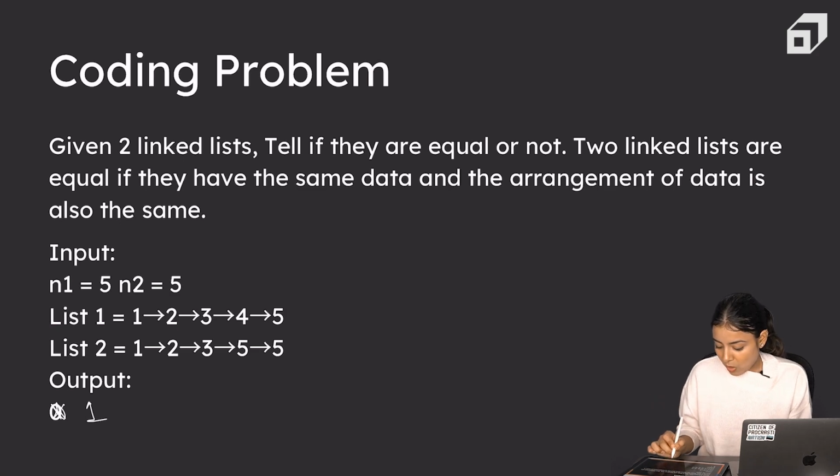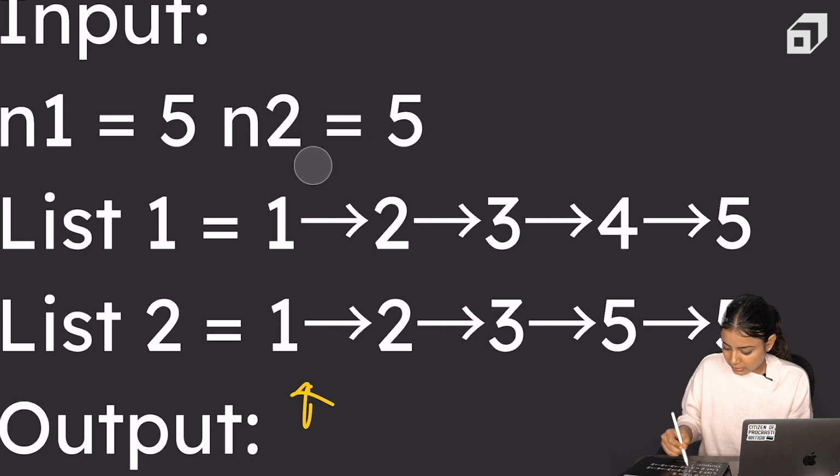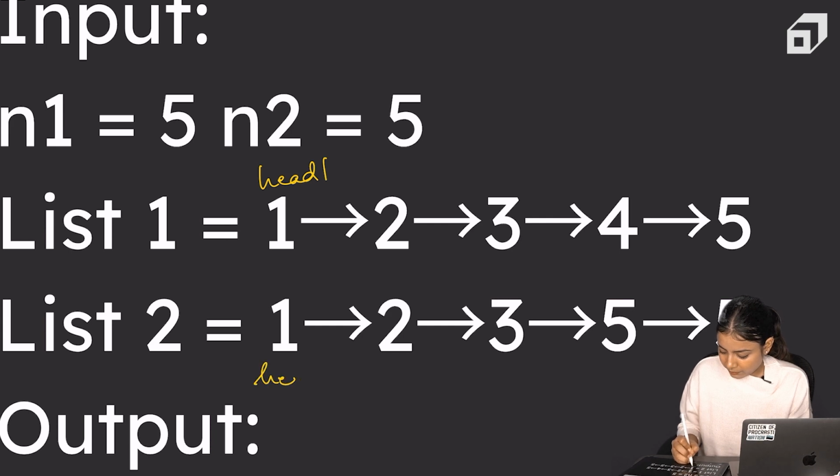All right, now how do we check that? We can check that using two pointers. So we can create two pointers. One pointer would be here for list 1 and another pointer for list 2. Let's call it head 1 and head 2, and we can just keep comparing the values of head 1 and head 2 of these two pointers.